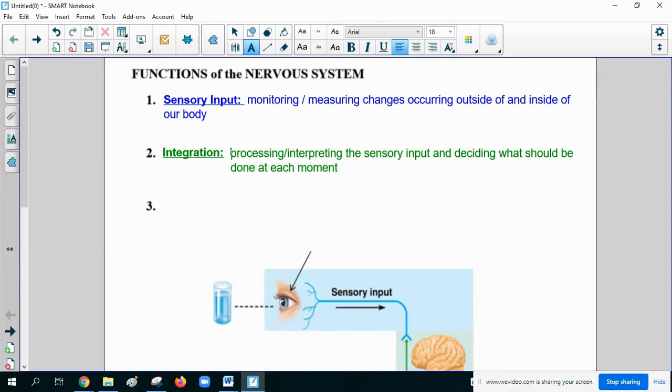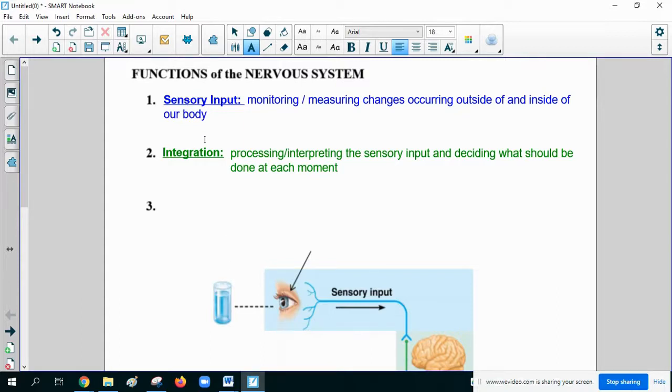So notice the keywords here: processing, interpreting, and deciding. And what information are we using to make that decision? Whatever information's coming in from our senses, our external senses, eyes, ears, nose, etc., or our internal senses.